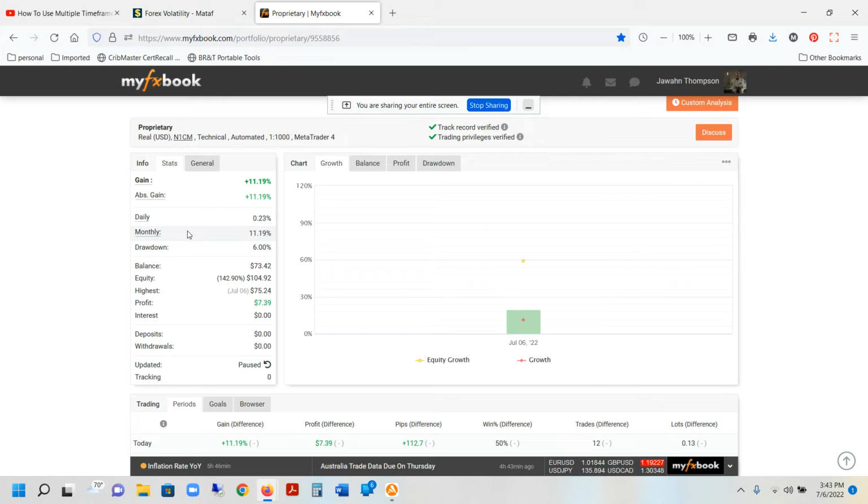That's correct. And one YouTuber said that it doesn't make sense to be on a 5 minute chart while looking at a daily chart. That is completely wrong. The most you should be looking at is a 30-minute chart.